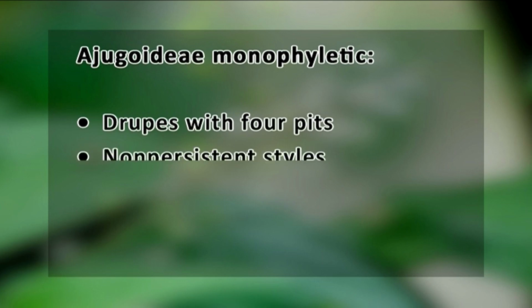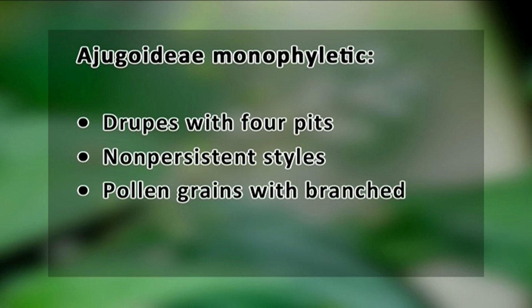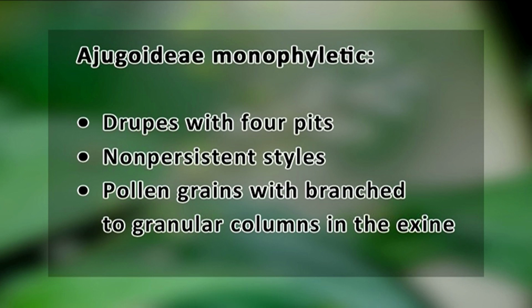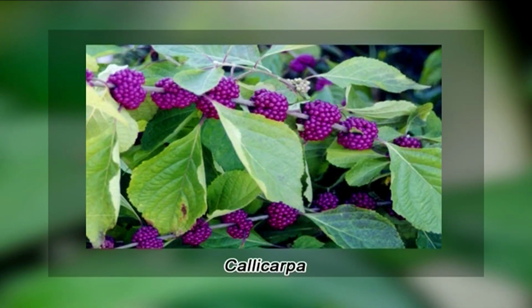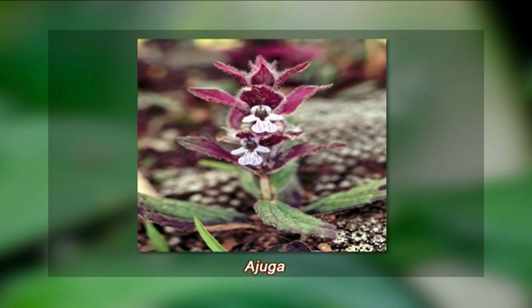Also, they have non-persistent styles. Again, one more character in Ajugoideae is that the pollen grains are branched to granular columns. This Ajugoideae clade includes common genera like Calicarpa, Clerodendrum, Tichorium, Ajuga, and other relatives.